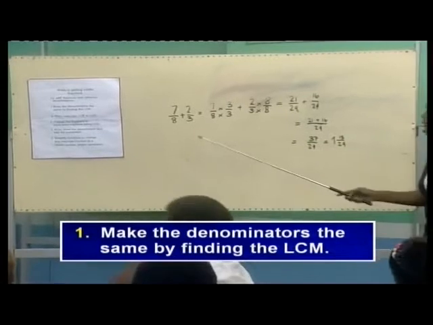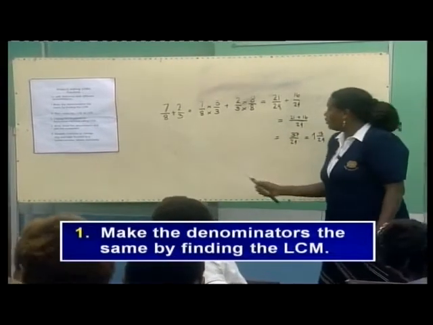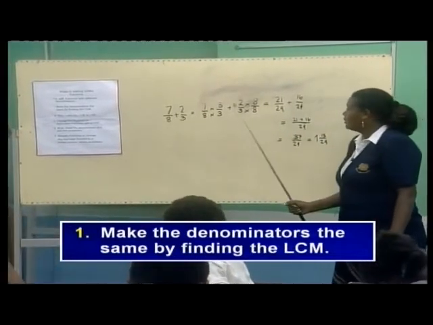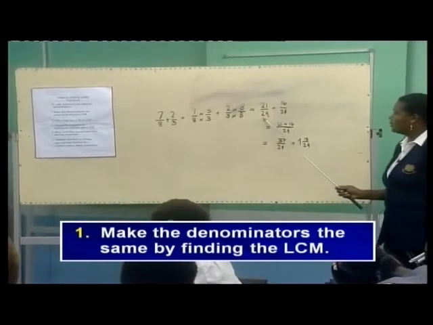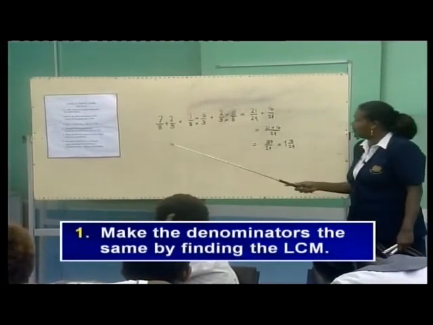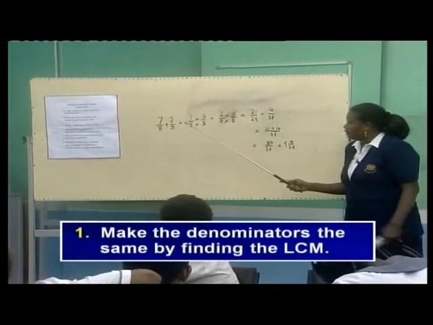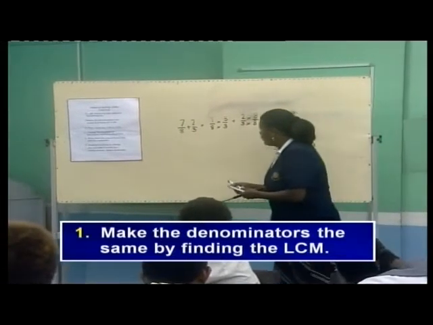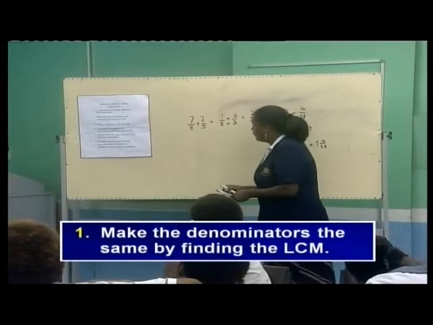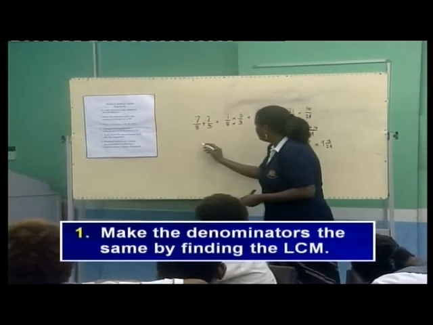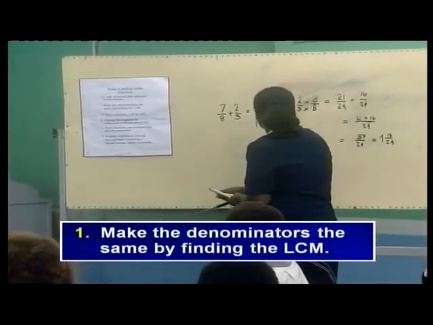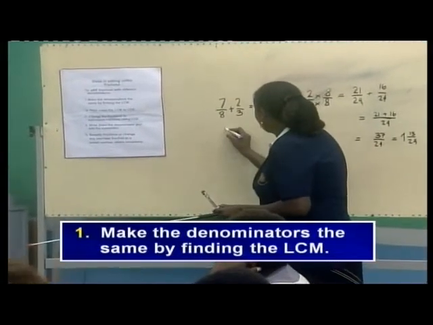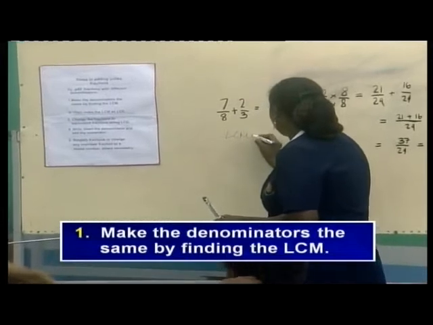You will find that the lowest common multiple that was written is 24. Is 24 the lowest common multiple? Yes? Okay.